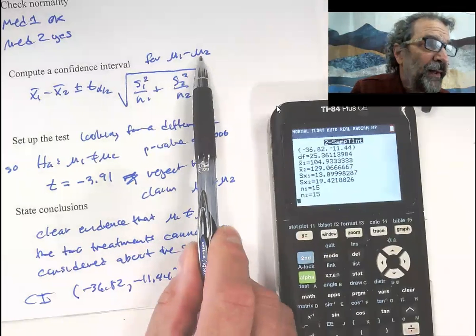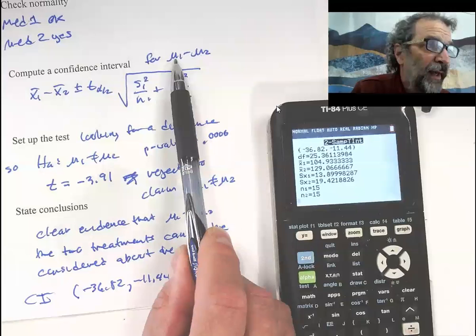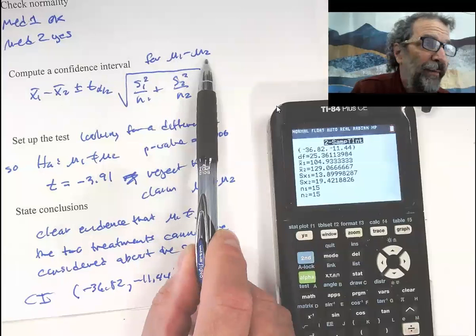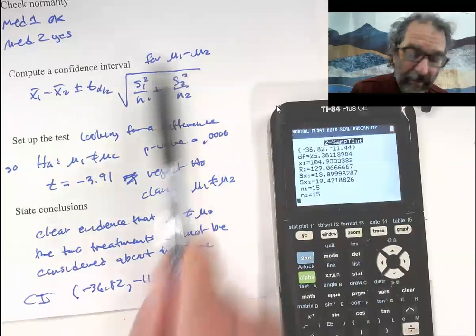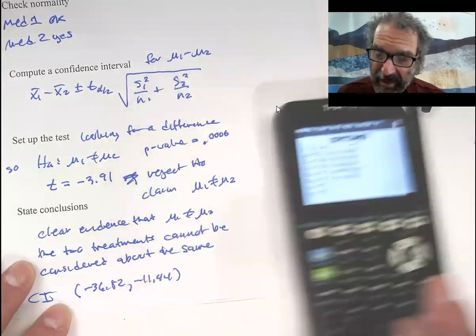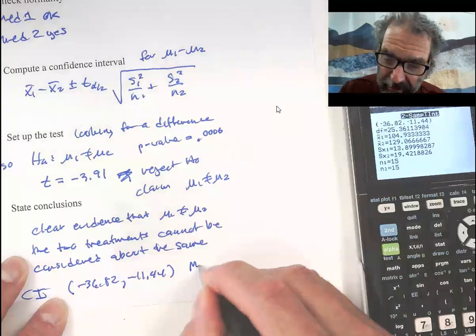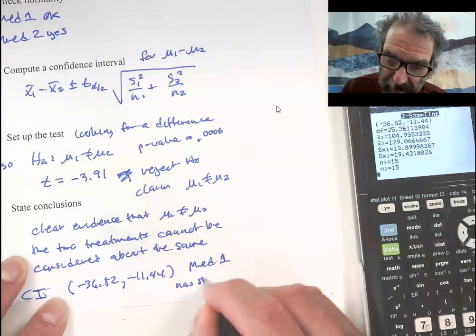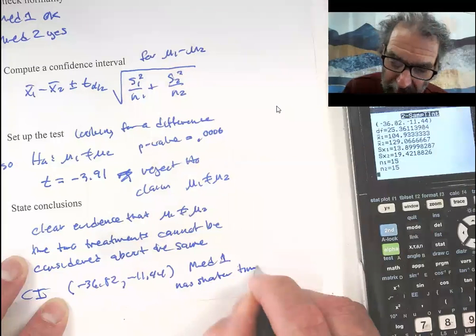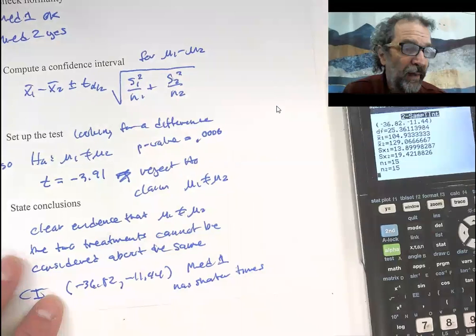So this number here is larger than that number there. So that means it took longer to have relief with medication 2 than medication 1. So we're thinking it looks like medication 1 is better, has shorter times, so shorter relief times.